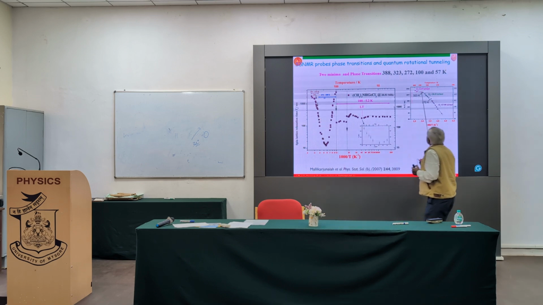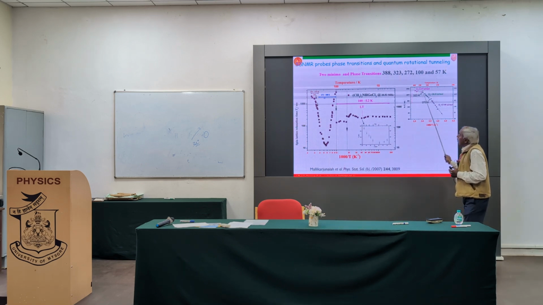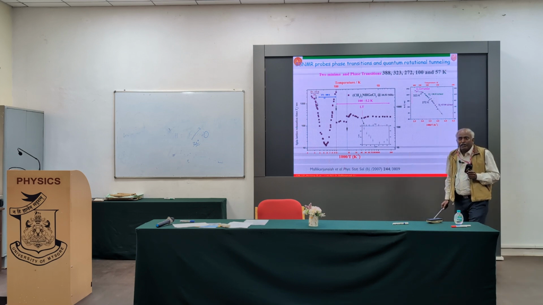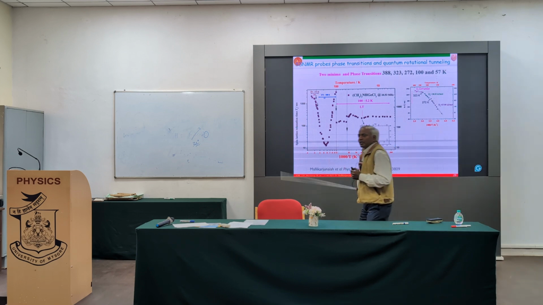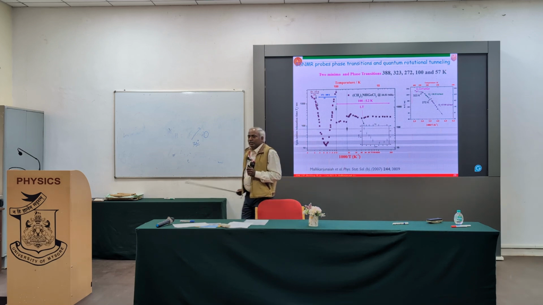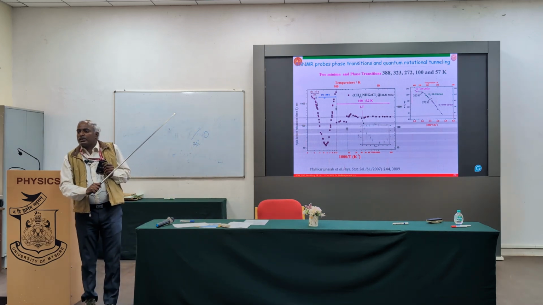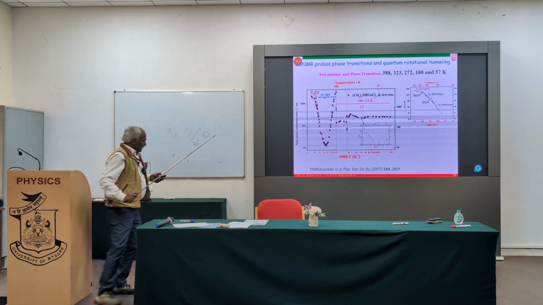This clearly indicates that from here to here the system is behaving in one way, from this temperature to this temperature it is behaving in a different way, and from this point onwards it is behaving in yet another way. That means the system is undergoing a structural phase transition. That can be identified using this particular technique.